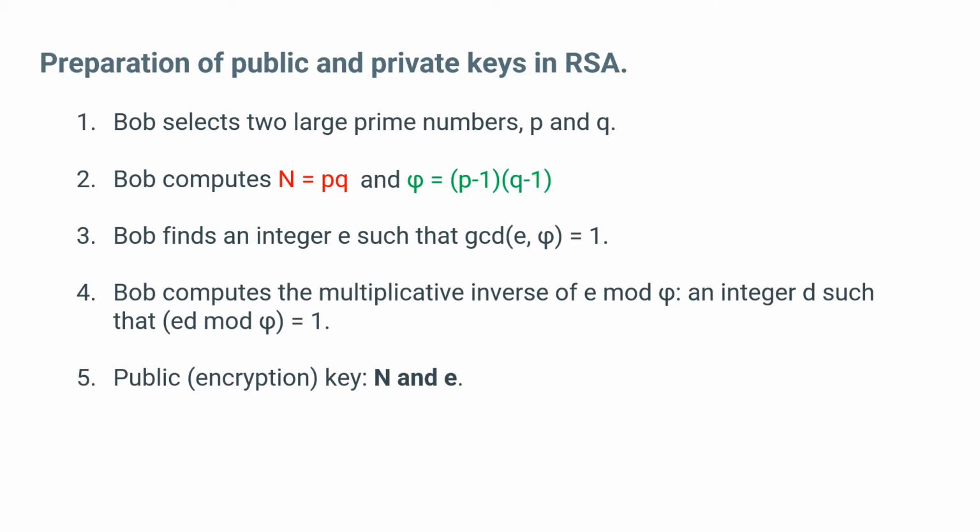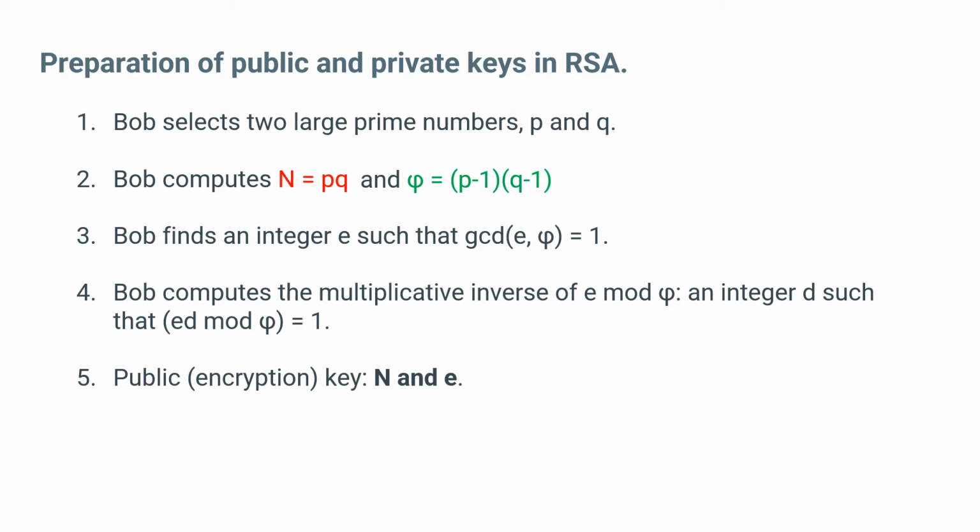And anyone else will not be able to find P and Q very easily, especially if P and Q are both large numbers to begin with, then N is going to be very large also.